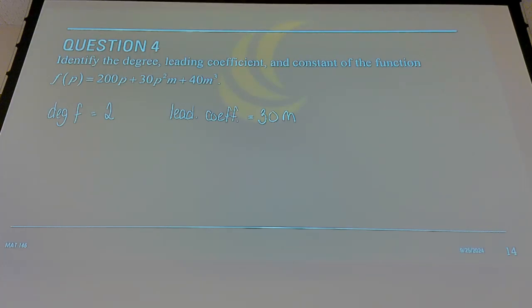What's attached to P squared? 30 and M. So that's your leading coefficient.